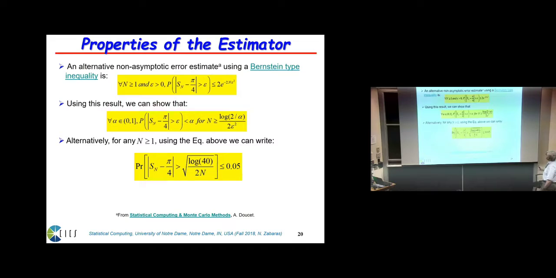There is another inequality, the Hoeffding inequality, that looks like this, and you can prove that the probability of being away from the mean by this amount is less than 0.05. In some sense this is very useful, because everybody cares about 0.05. So the epsilon here is the square root of log of 40 divided by 2n. You have to trust that if you take this and plug it in there, you will indeed get 0.05. So it's not magic.